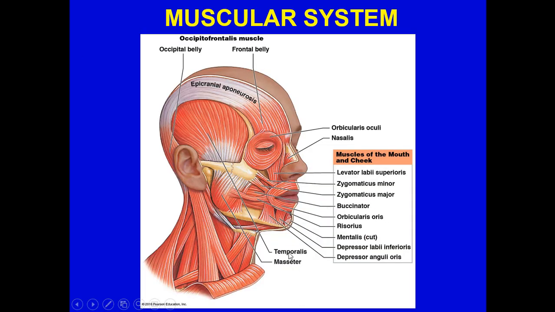If you notice on the side here, as I mentioned, the occipital belly, the frontal belly, the nasalis. We've gone through most of these other muscles, except we didn't mention as much the depressor labii inferioris here, the depressor anguli oris right here. Okay, temporalis is here. You're going to notice that there's an aponeurosis approach right here, and then we have the masseter right here.